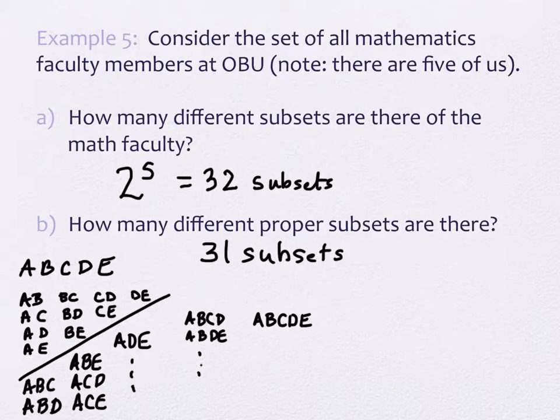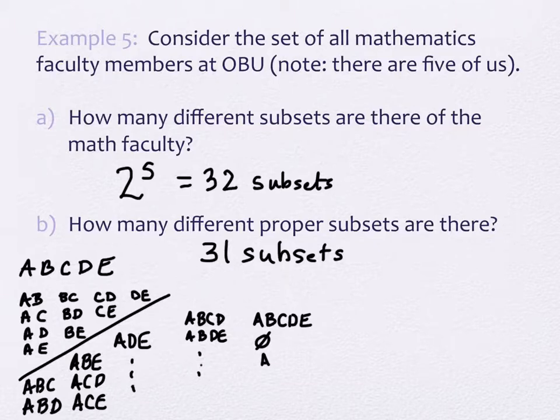I could have a subset that's the empty set. I could talk about the math faculty members that currently live in Great Britain. None of us do, so that would be the empty set, right? And we could talk about that. It would be a weird thing to talk about. We could talk about having subsets that are just one person at a time.